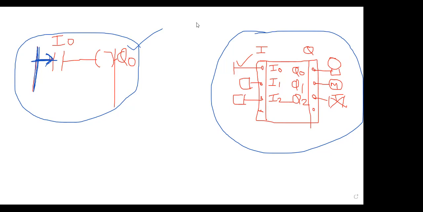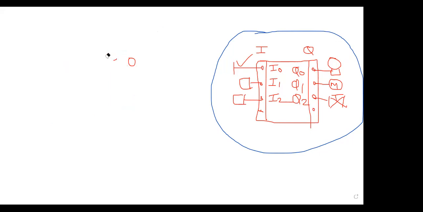Next example, everyone note down and send me the ladder diagram. We are having two switches. Listen carefully, and you have to draw this and send it in the group. We are having two switches, I0 and I1, and one lamp, Q0. Press either the I0 switch or the I1 switch, and Q0 will be on.